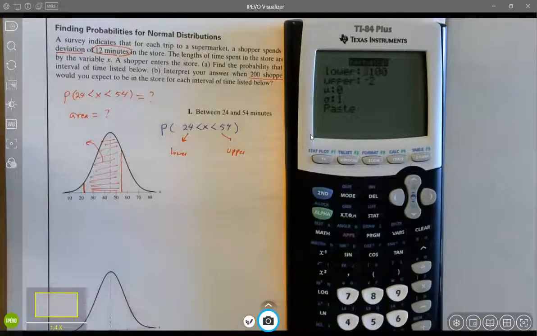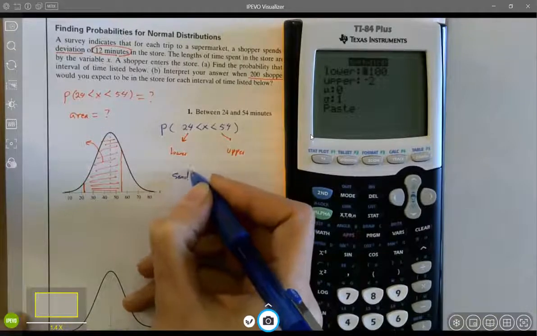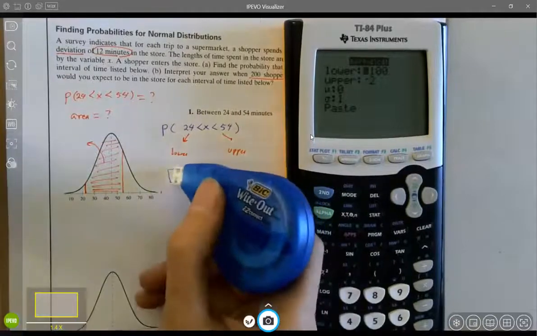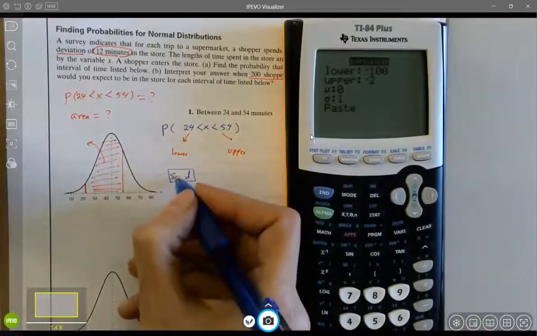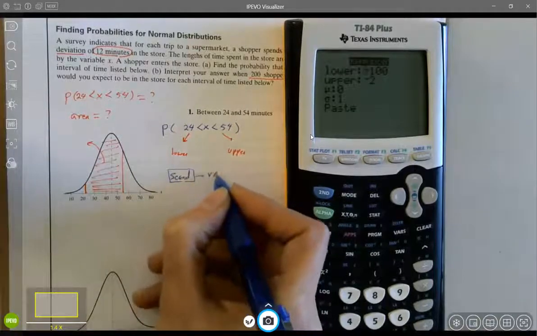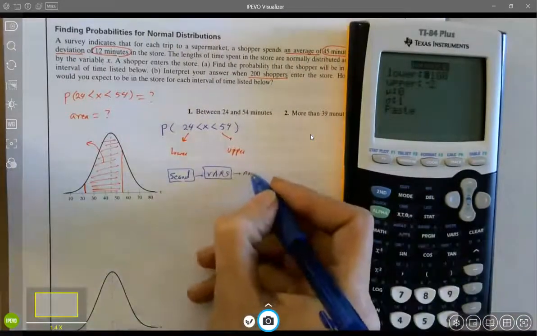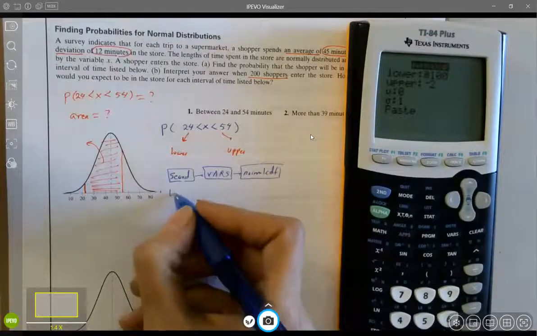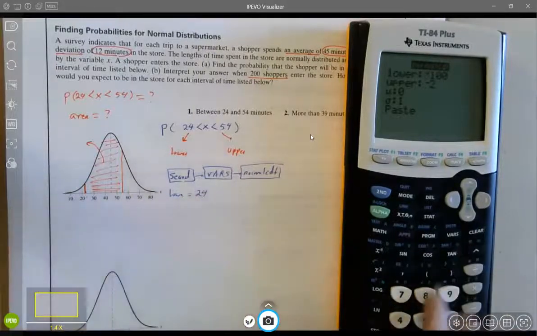So write all the steps. Second, VARS, normal CDF. Our lower bound is given, 24.